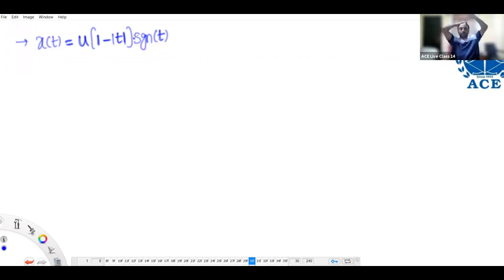What is the graph of this one? u of 1 minus mod t into signum. Think, compare with the u of t definition. Signum, of course, you know, is plus or minus 1 amplitude, sir. Instead of u of t, u of 1 minus mod t is given.